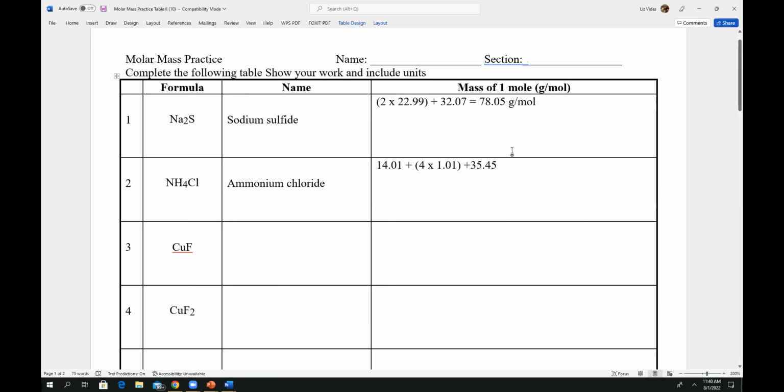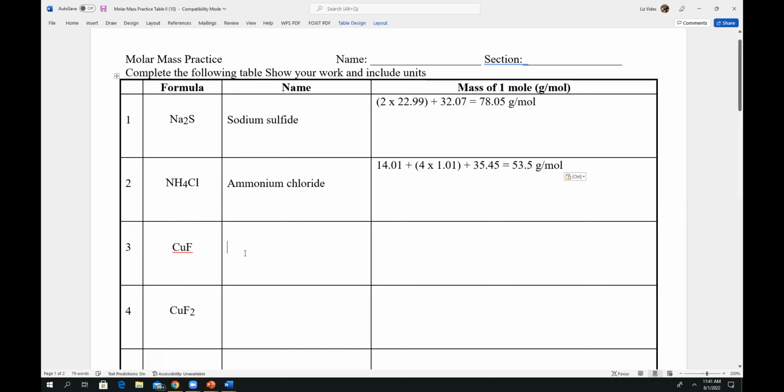All right, so we add all of these up, and that's going to give us our total. And our total is, I get 53.5. And remember, it was grams per mole. Okay, 53.5 is what I got. Yeah, that seems about right.